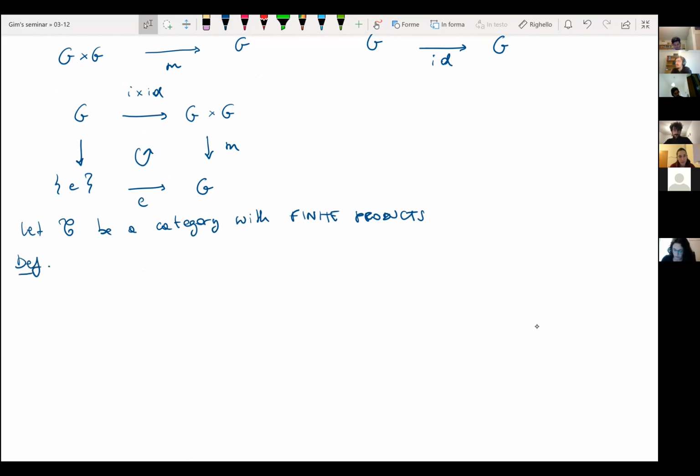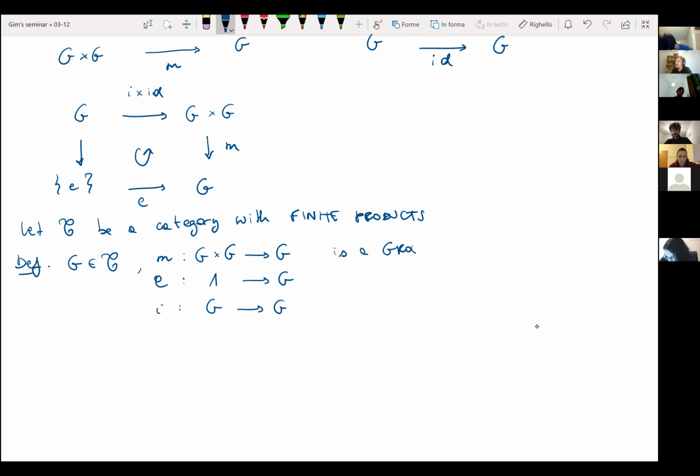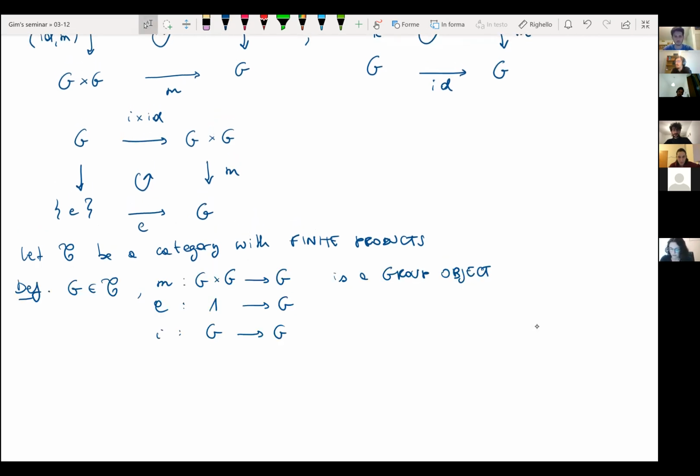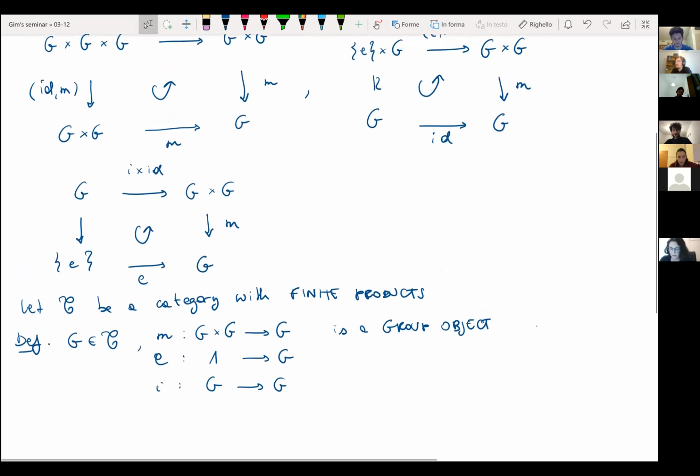By definition, an object G in our category C, along with some maps which now are maps in the category C, as above, is said to be a group object in the category C. So a group object in a category C is an object along with some morphisms, which are now morphisms in the category we chose, that make the above diagrams commute.